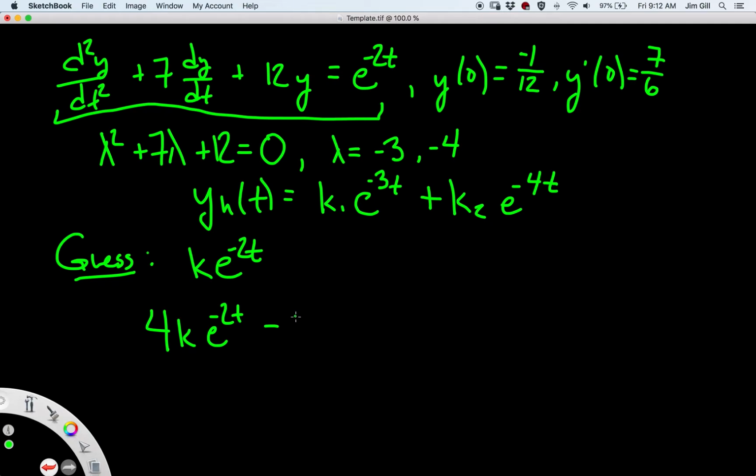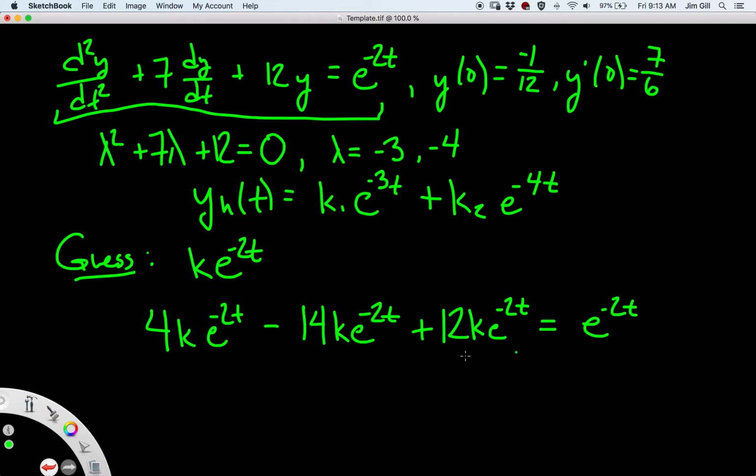And so that negative 2 is going to be multiplied by the 7 and give minus 14 times k times e to the minus 2t. And then we will have plus 12k e to the minus 2t. And that's supposed to all equal e to the minus 2t.